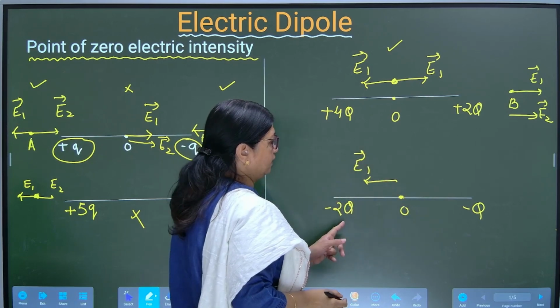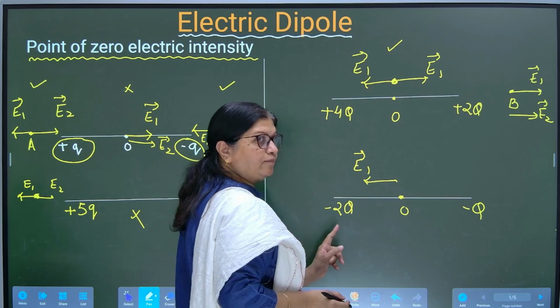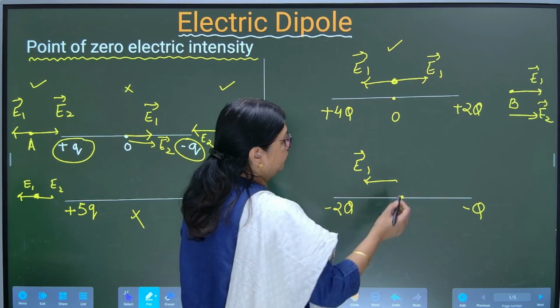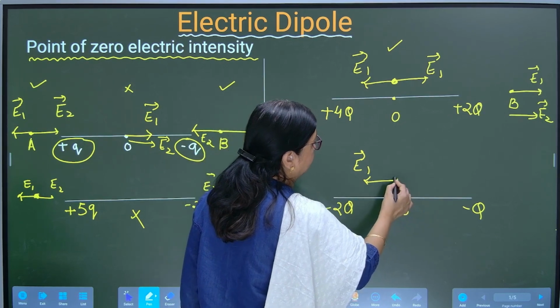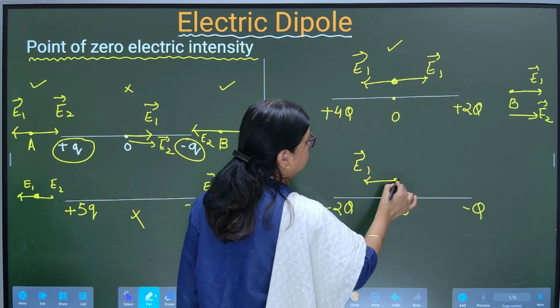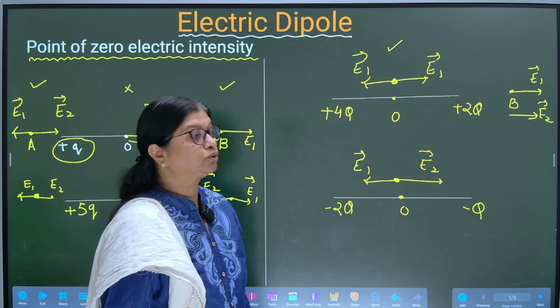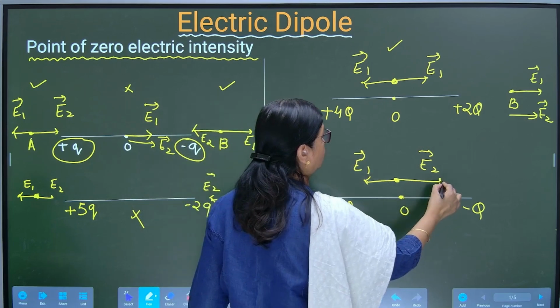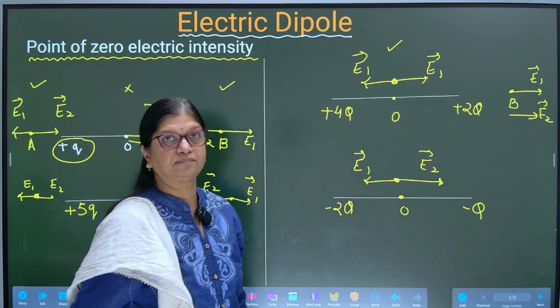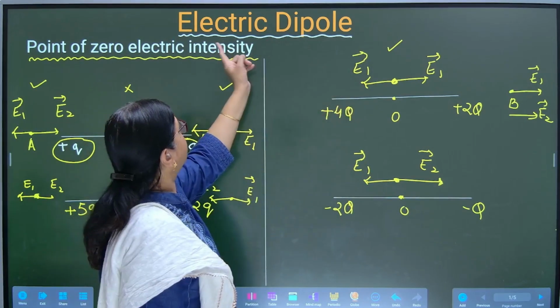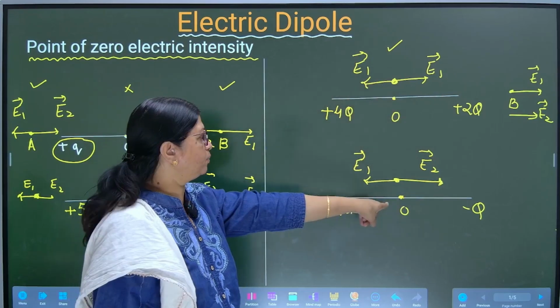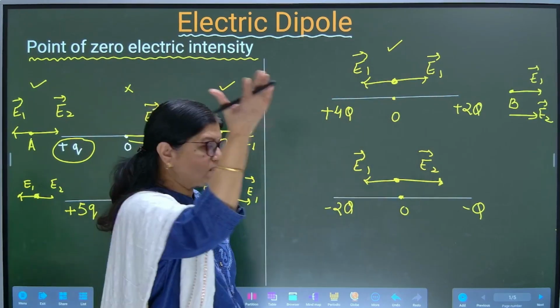This is the electric field due to negative 2Q at the point O. From here, where should I go? Towards that charge to get the electric field due to that charge. Okay, so here I got both E1 and E2 opposite. So will I get electric field intensity 0 at this point somewhere in between these two charges? Yes.